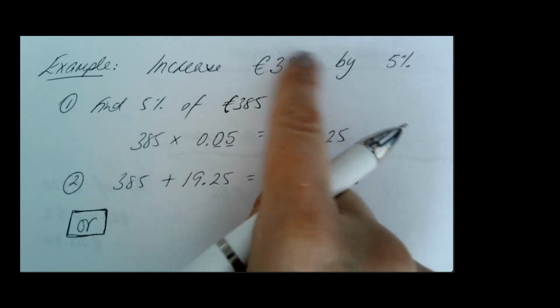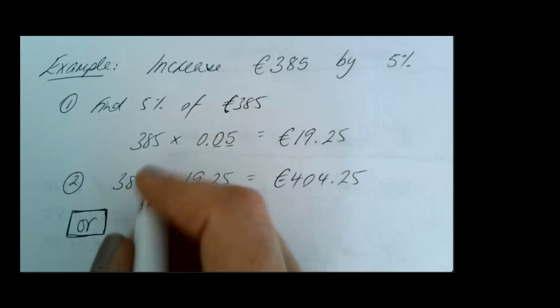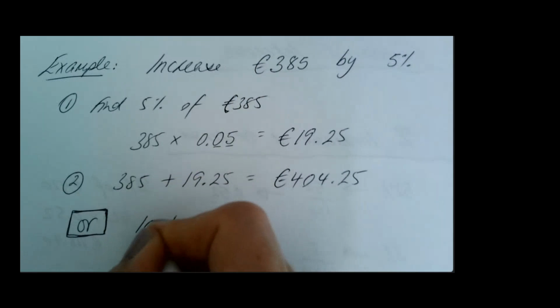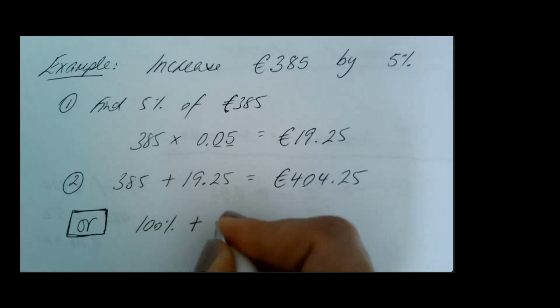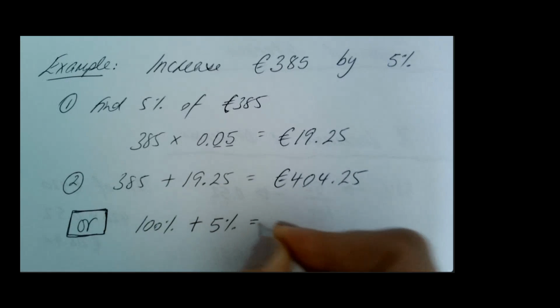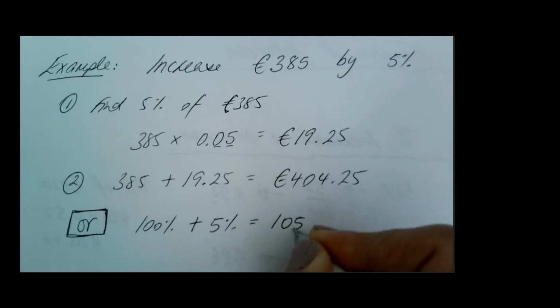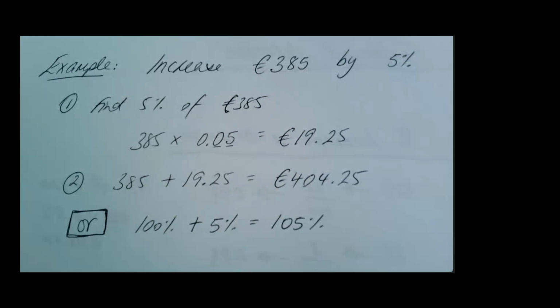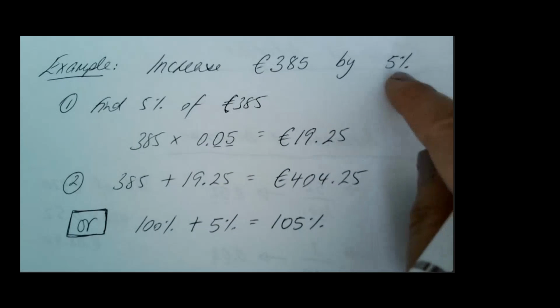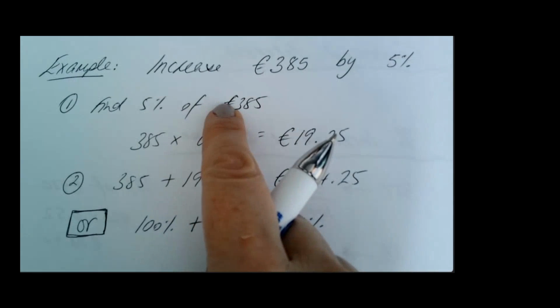Now, this amount is represented by 100%. It's your total amount. If I want to add on 5%, technically what I'm looking for is 105%. 105% of that value will get me the 5% and add it on.